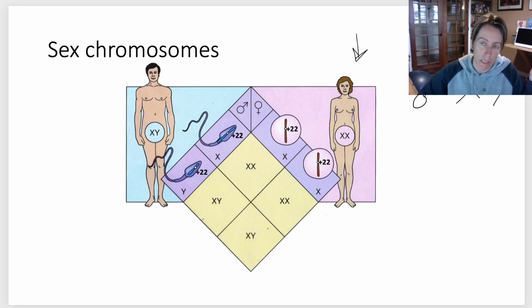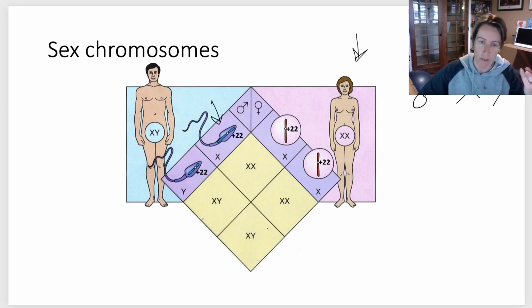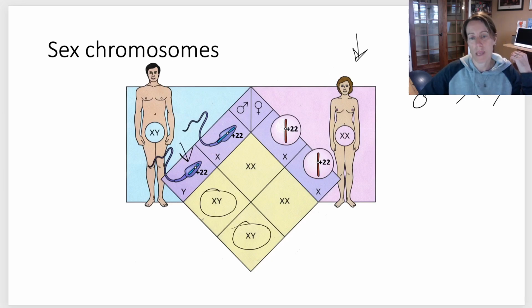Then it's basically a race, and it depends which sperm fertilizes the egg. If this sperm gets to the egg first, there's an X from the mom, and the sperm brings another X. Then you have 2 X's, so the baby will be a female. If this sperm gets to the egg first, then the mom put an X in the egg, the dad brings a Y by way of the sperm, and then you have an XY, so the child will be a male.